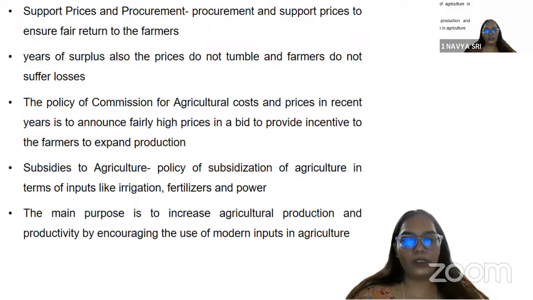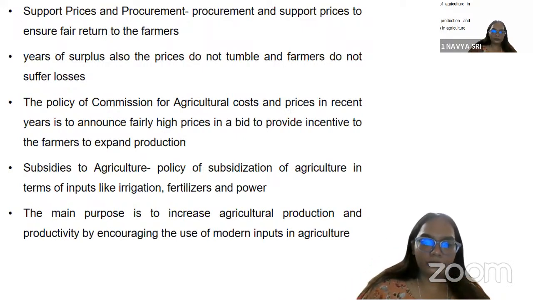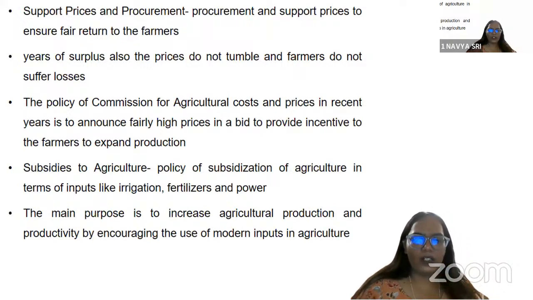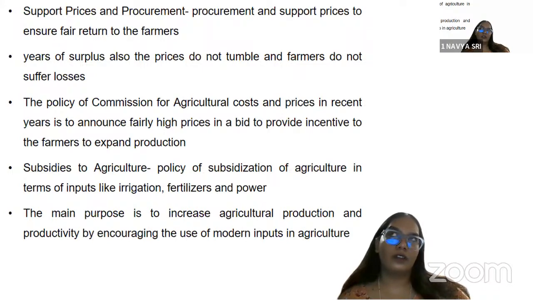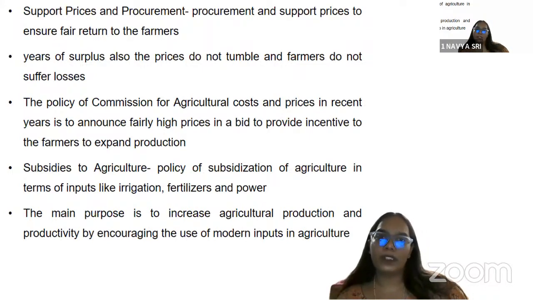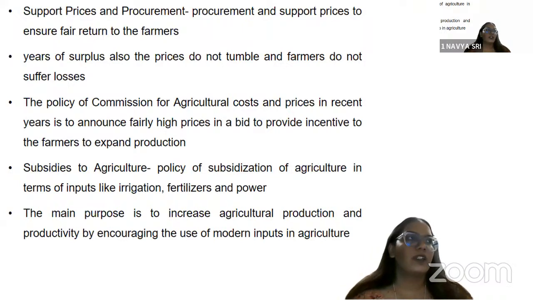Then the main purpose is to increase agricultural production and use of modern inputs. Modern inputs are basically soil testing or water harvesting programs or drip irrigation wherever necessary, or satellite, which we have already read about.